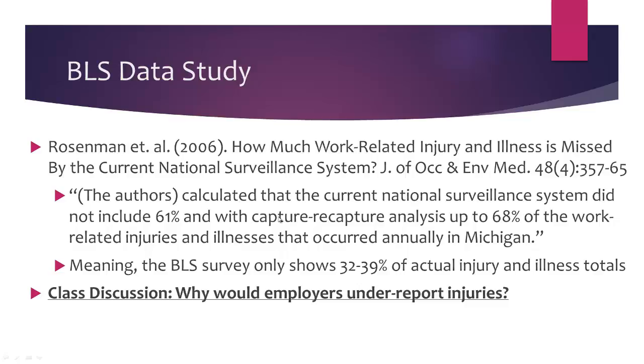What they found is that the current national surveillance system, which is what we just looked over, did not include 61%, and with capture-recapture analysis, up to 68% of the work-related injuries and illnesses that occurred annually in Michigan. Did not include 61% to 68%. So what they're saying is that the reports we just looked at, the incidence rates, were actually approximately a third of what really occurred, at least for the data sets that they compared.